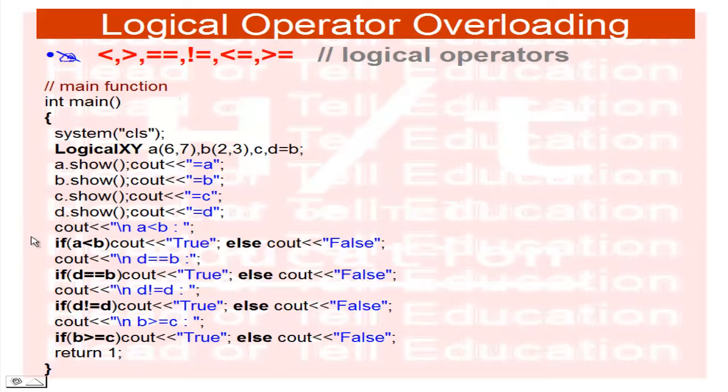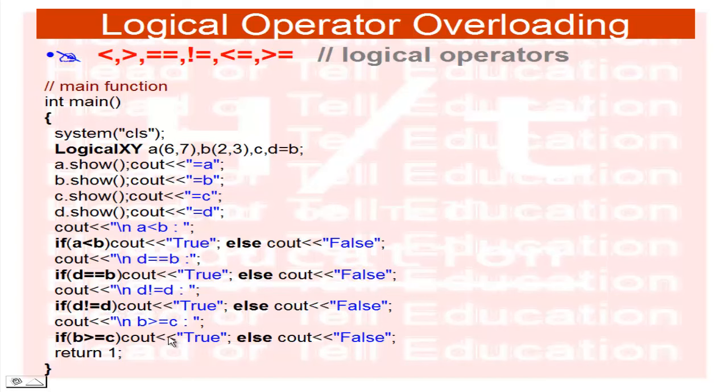Now the main important part is comparing with our logical operators for our class. If a is less than b, cout condition true, else cout false. Again cout new line. If d equals b, then output the result of the comparison, true or false. If d is not equal to d, then compare, true or false depending on the value.